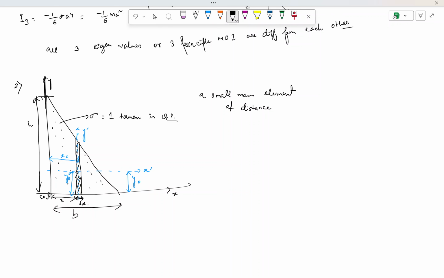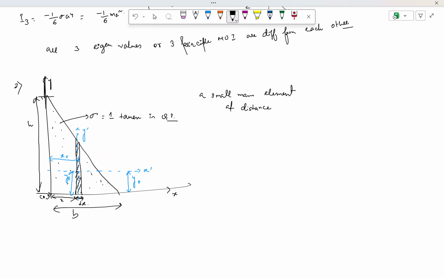Okay, so to calculate the product of inertia Ixy, you choose a small area element inside the triangle which is sitting at a distance x from the origin, and it has a thickness of dx and a height y.